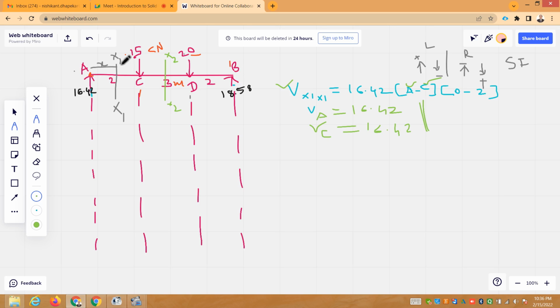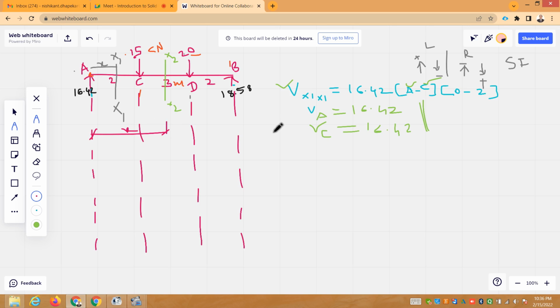Anyway, as we are considering the sections from the left hand side, again we will consider this section also from the left hand side. So x2 is also at a distance x from end A.